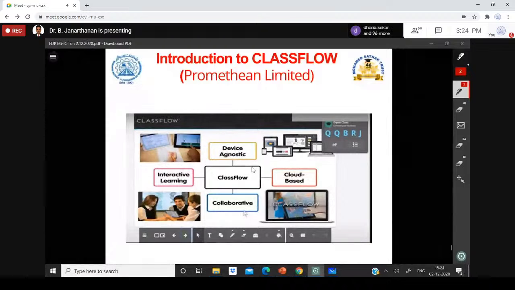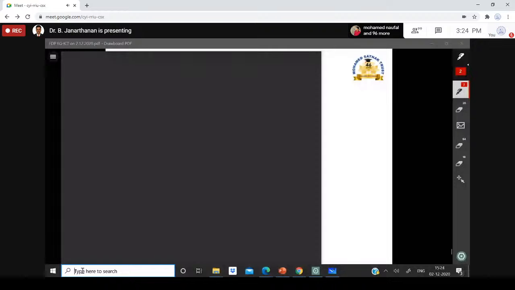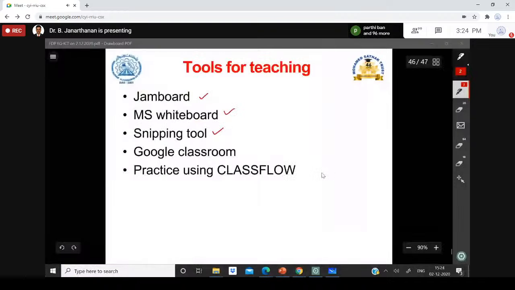So I have shown this Jamboard and whiteboard. And apart from this, I think many of you may know the snipping tool, which I found very useful. Earlier, whenever I wanted to take a clip of any screen, I used to use print screen and then clip that.